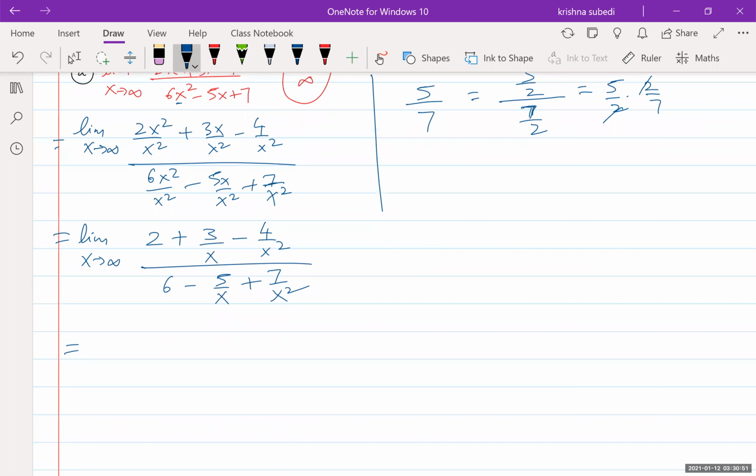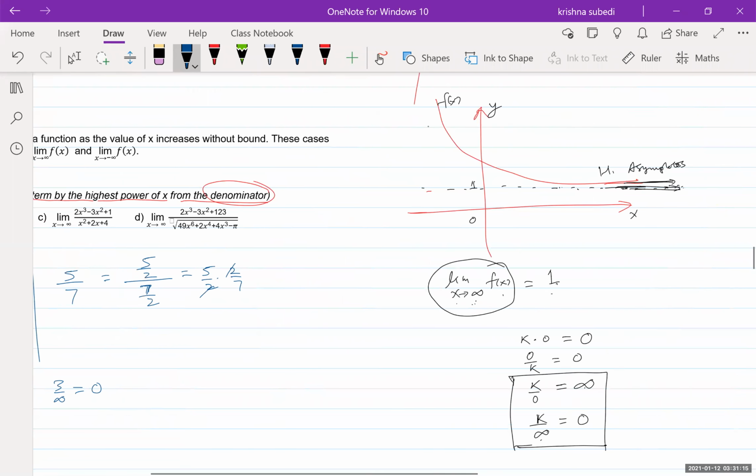Now let us plug in the value. If we get infinity over infinity or 0 over 0, we have to do some technique, but if we get a meaningful number, we'll be done. Let's see. If I plug in the value infinity, I'm gonna get 2 plus 3 divided by infinity. How much is that? It's a super small number. 0. Remember what we said earlier?